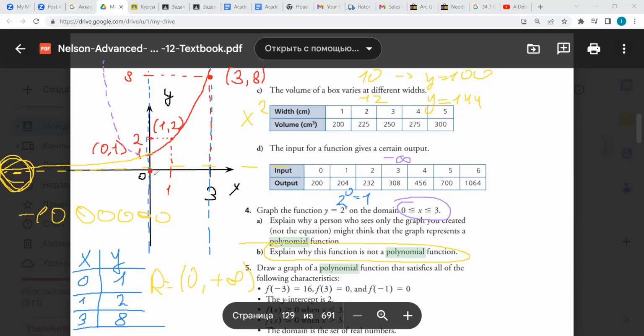We have a horizontal asymptote in this case, right? A horizontal asymptote restricts the range, and a vertical asymptote restricts the domain. If we take a vertical line, it's basically cutting our coordinate axis in x.